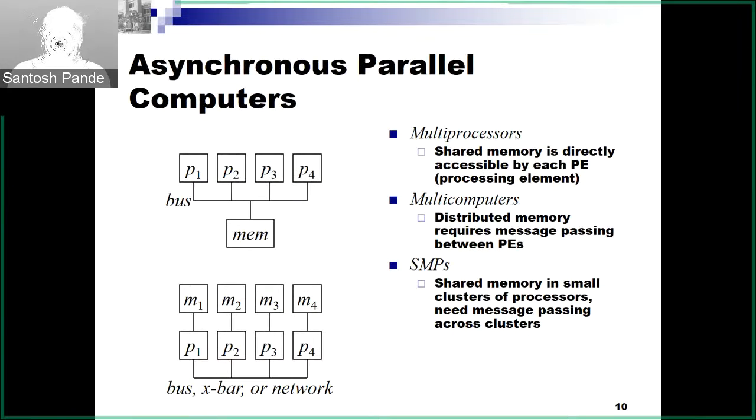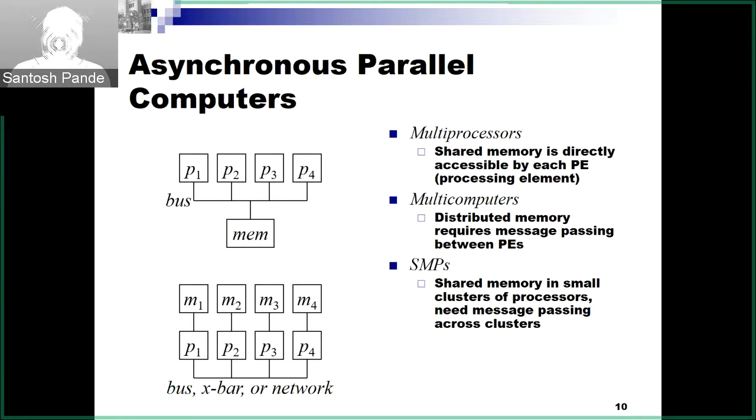So again, there are all these kinds of parallel machines, multiprocessors which share certain memory, multi-computers which are distributed. They have a distributed memory, or they do message passing between different nodes, or something in between.